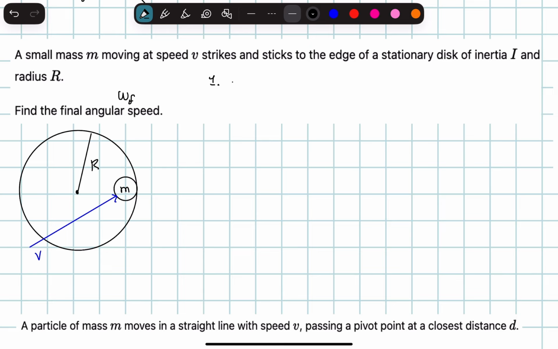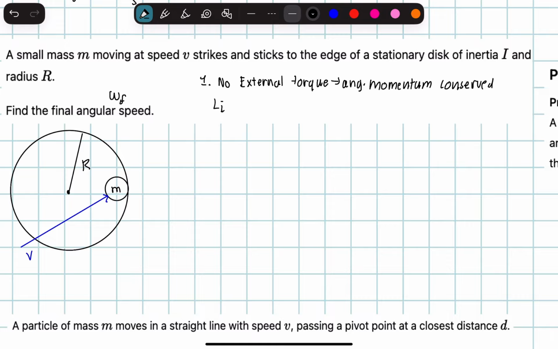First, we check for external torque, so there is no external torque. And because there's no external torque, angular momentum is conserved, just like before. The initial angular momentum Li is equal to radius times mass times velocity, which is m v R. Now the final angular momentum, Lf, is equal to I plus m R squared times omega final.